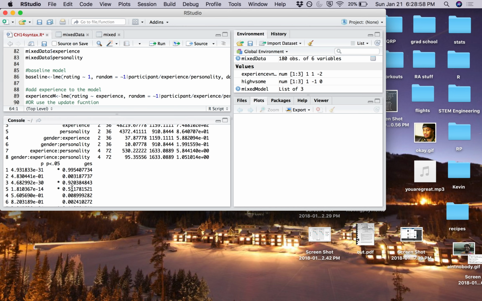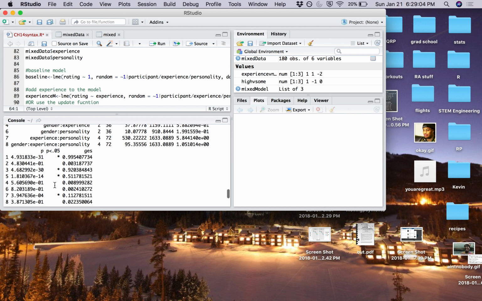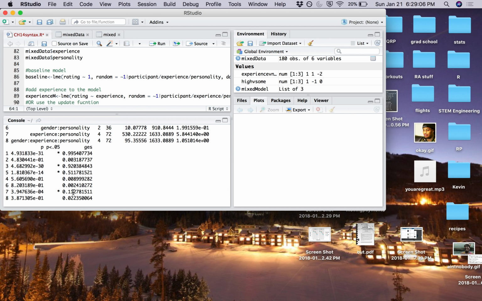And there is a significant interaction between experience and personality. We're actually looking at these values, but my cursor is lined up over here.